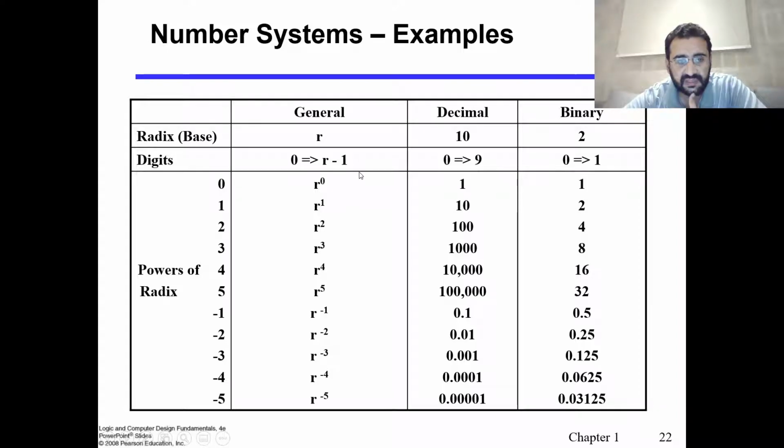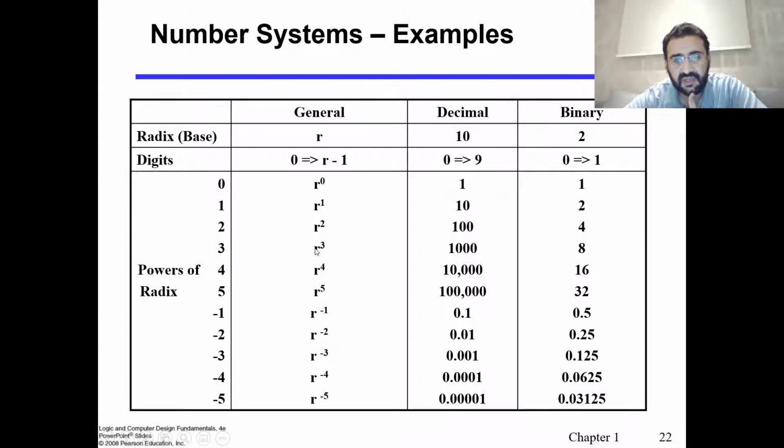So this is a table that represents some numbers using the decimal and the binary bases. So here, for example, we have radix 2, we have radix 4. In radix 10, we have digits from 0 to 9, in binary from 0 to 1, and the powers of the radix represent the weight of the digit at that position.